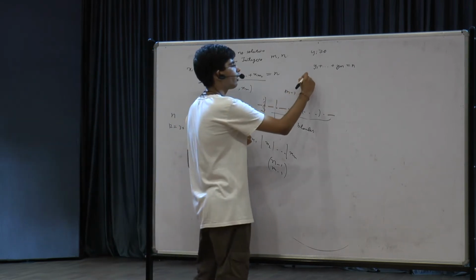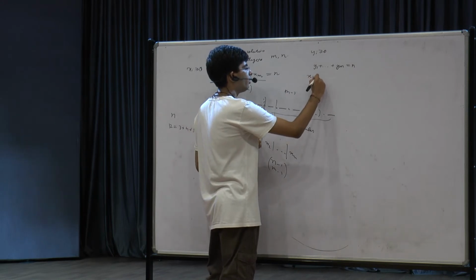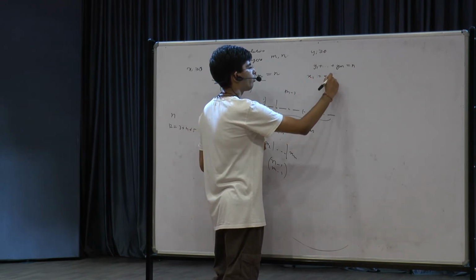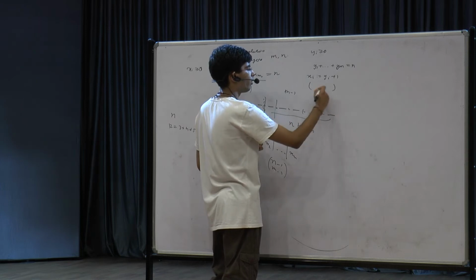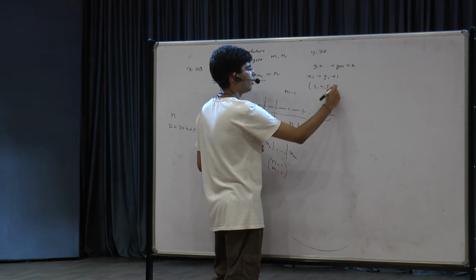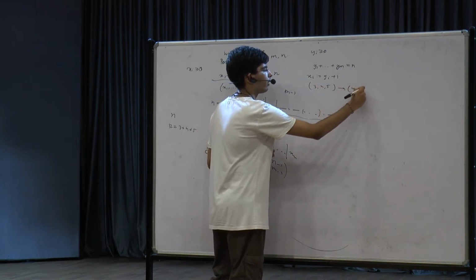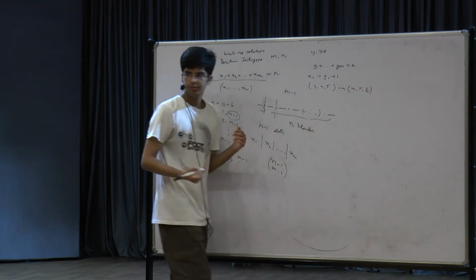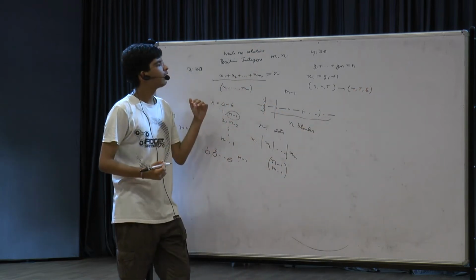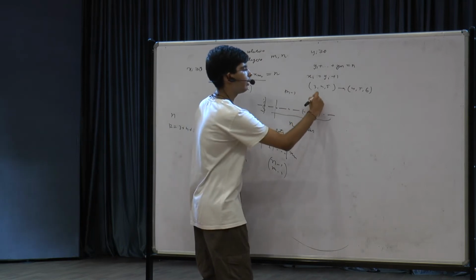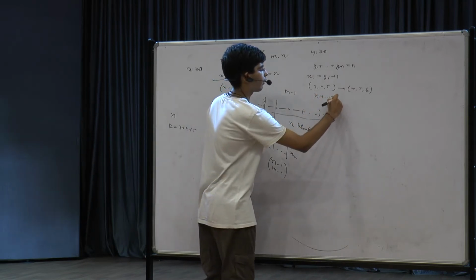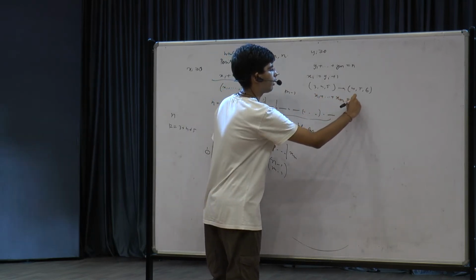So here we substitute xi equals yi plus 1. So any tuple, suppose we have 3, 4, 5 as a tuple, we take it to 4, 5, 6. And for these xi, the sum will be x1 plus ... plus xm equals n plus m.